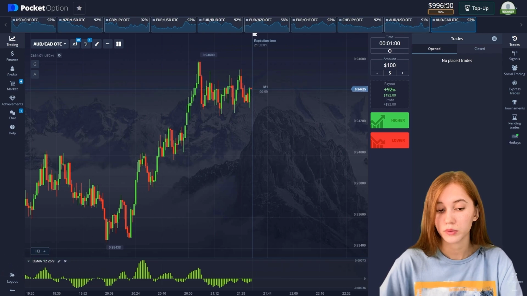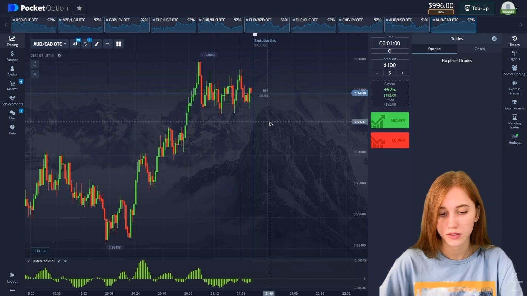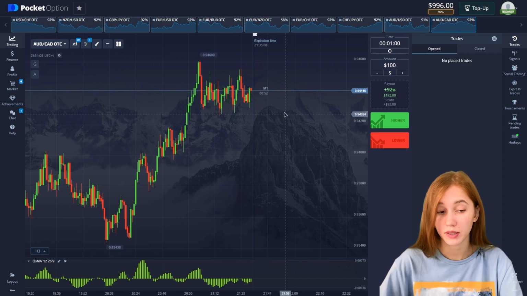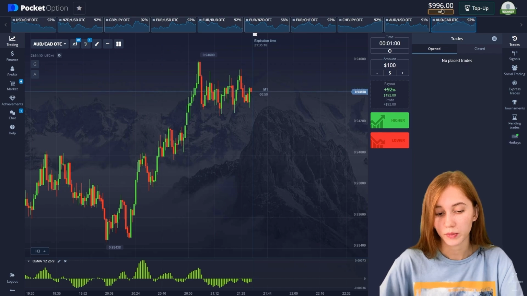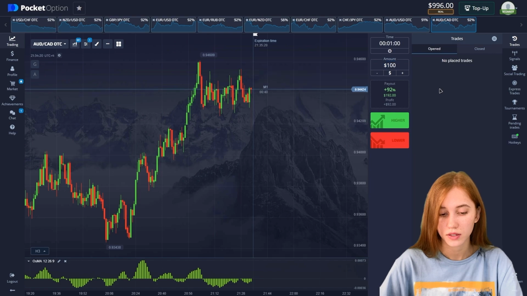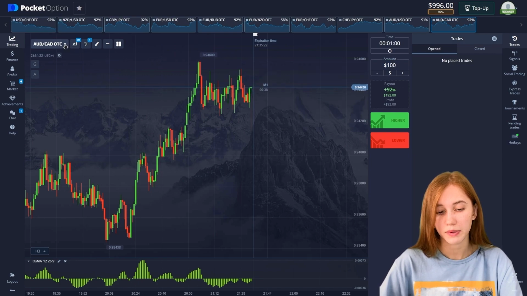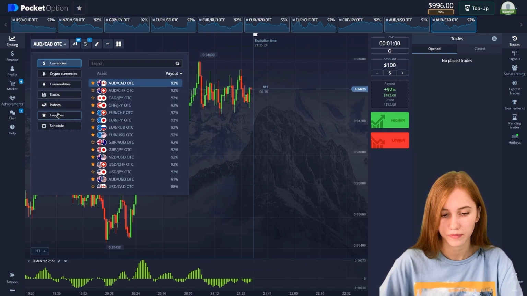We have almost $1,000 on my balance. This was the last concept pair, and let's sum it up. We opened with $100 and ended with almost $1,000. With a deal amount of $100, we traded on concept pairs. Here they are.